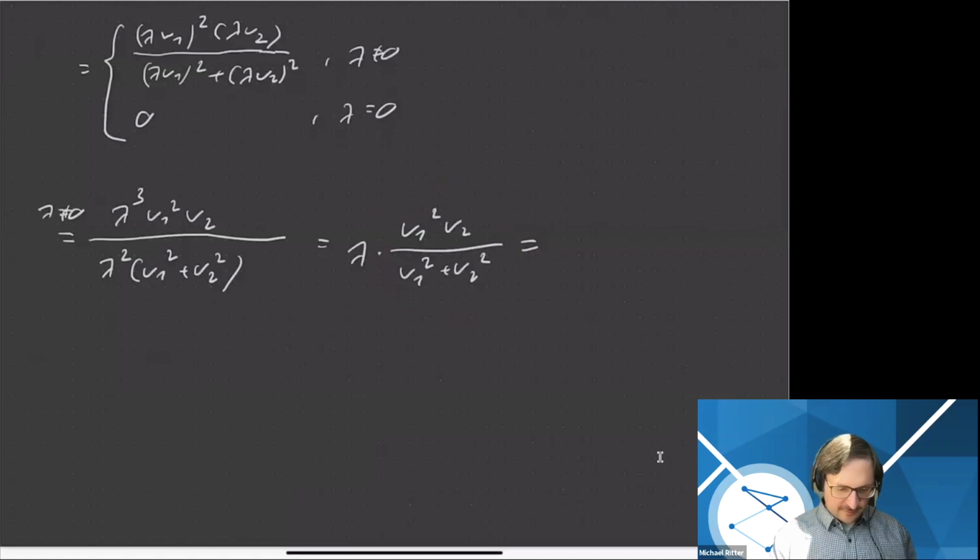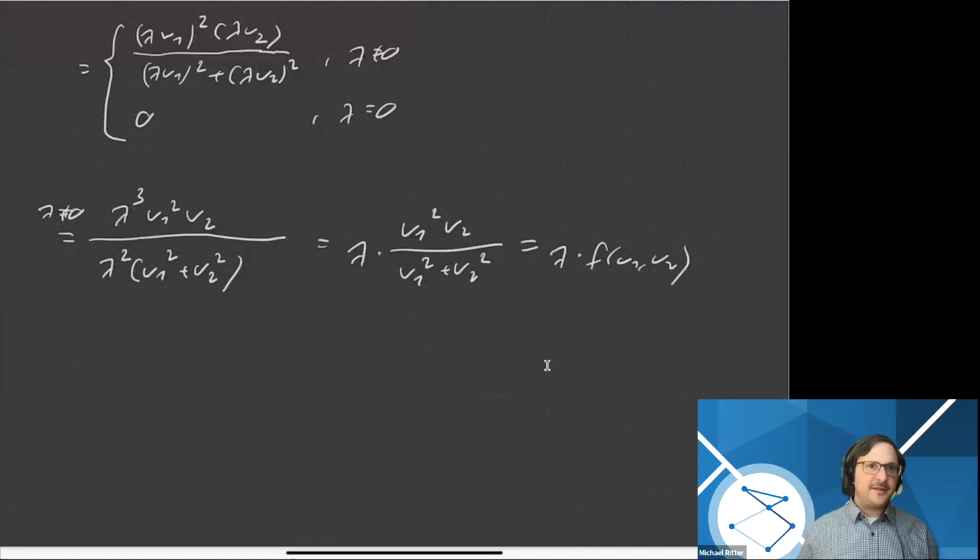So that's all in all the same thing as λ times f(v1, v2). And of course, it's also true for λ equal to 0, so that holds in general. That means if we restrict f to a line, the value is determined by f of the direction, and then just scaled by λ, depending on how far we move along that line.